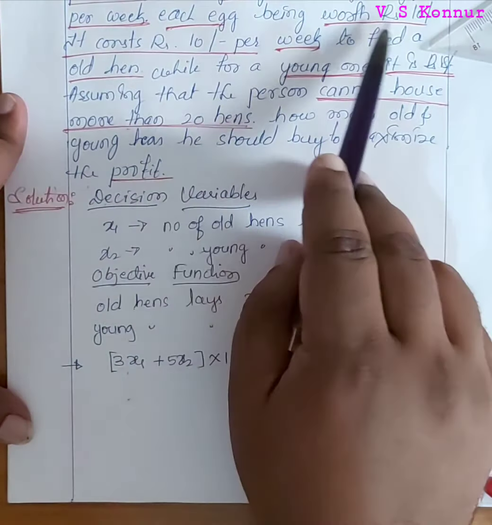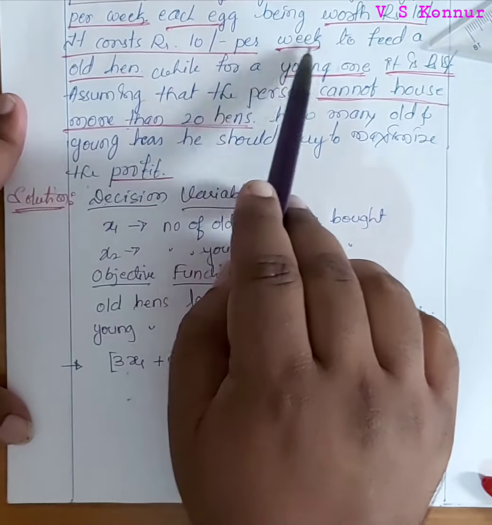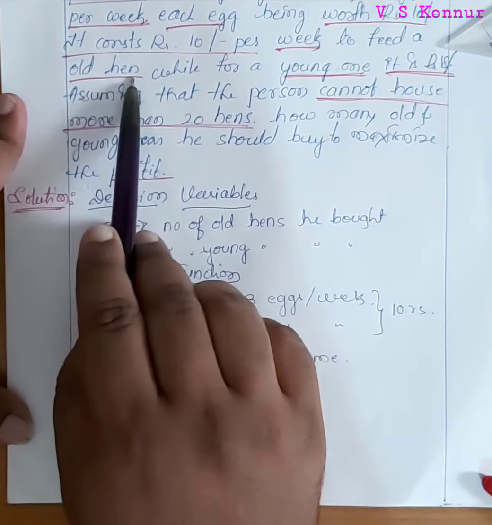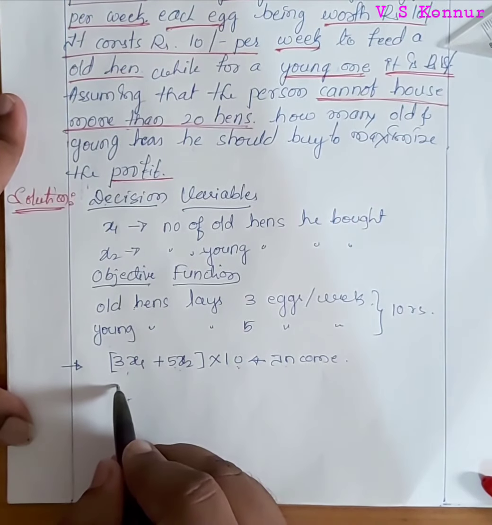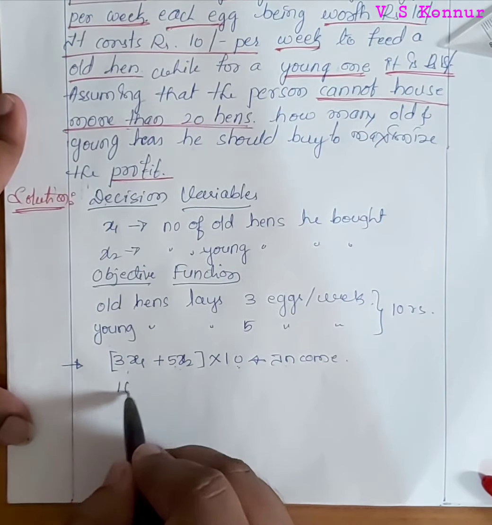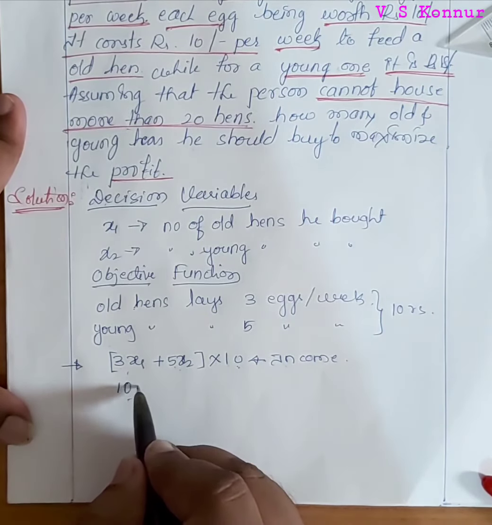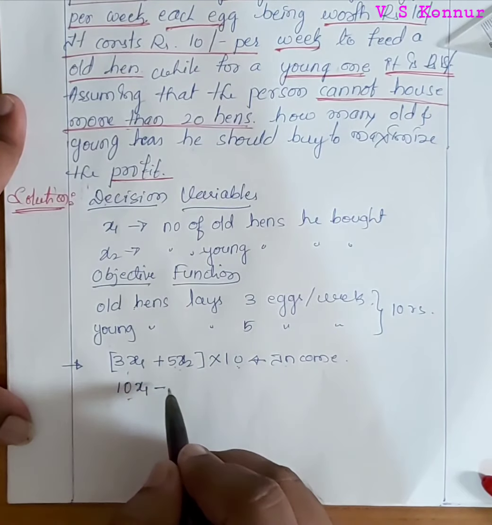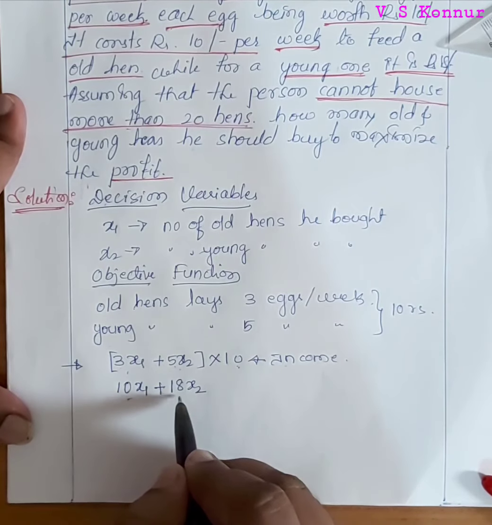Next, one more thing they have given, cost. It costs rupees 10 per week to feed an old hen, while for a young one it is 18. Then what they have given? It costs rupees 10 for x1, that is old hen, plus rupees 18 for young hen.